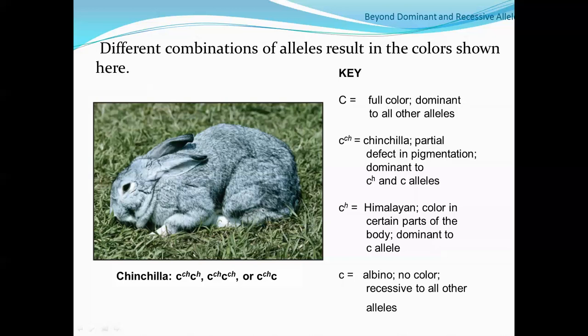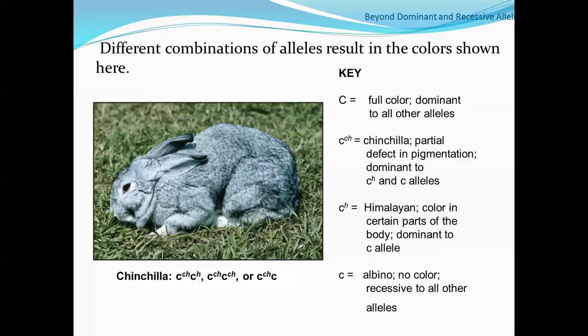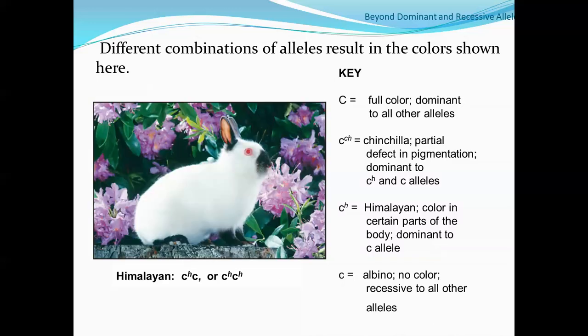Then we have what's called chinchilla, and this is when we have little c and little c with little ch on it. When that's present, then that is going to be a chinchilla rabbit. It's not present in the full color one, but it's here in the chinchilla. Our next one is called Himalayan. This is color in certain parts of the body.